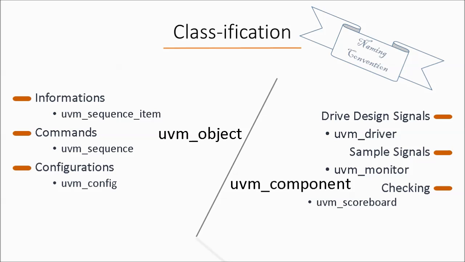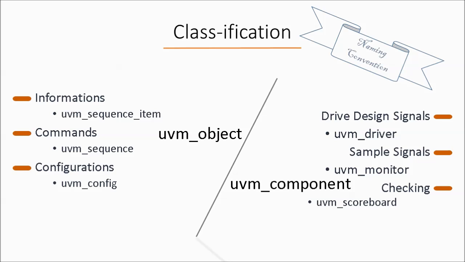Driving DUT ports is done from the component driver, which needs to extend from UVM driver, and this driver needs to be parameterized with the corresponding transaction item or sequence item, according to which this component drives signals to the interface. UVM driver has an option to send information back from the DUT interface to the user.